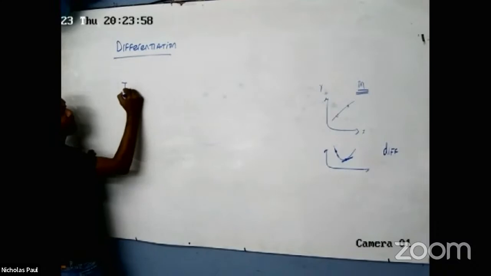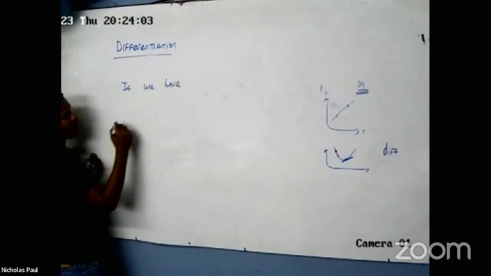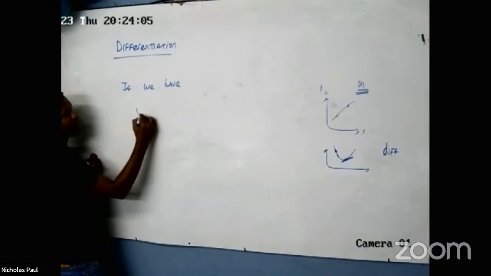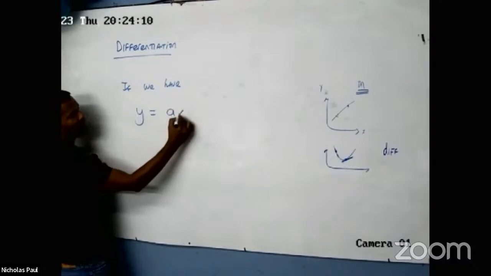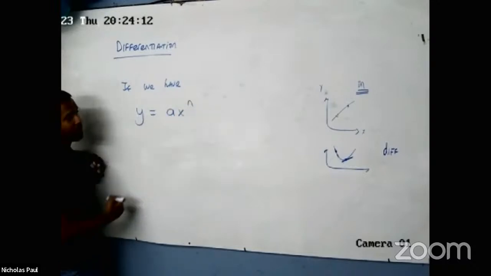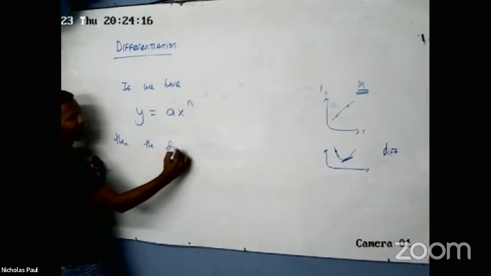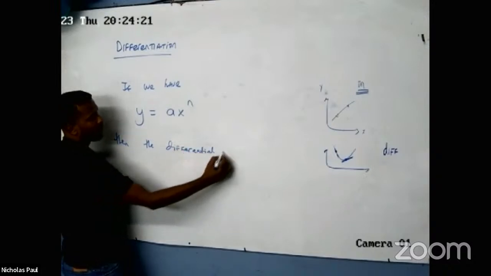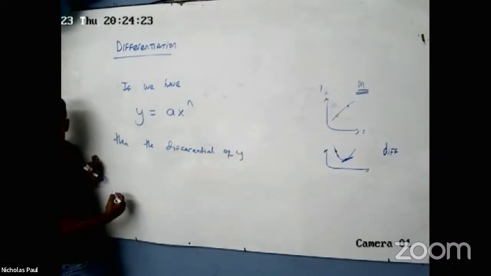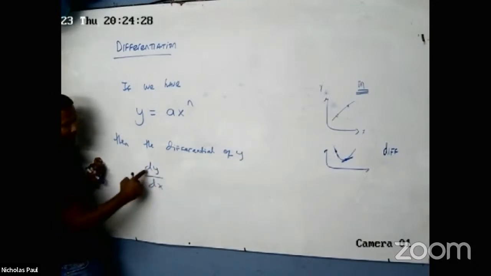All right. So let's say we have y is equal to ax to the power of n. Then the differential of y is written like this, dy/dx. It means to differentiate y with respect to x.